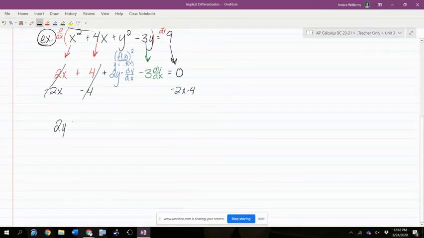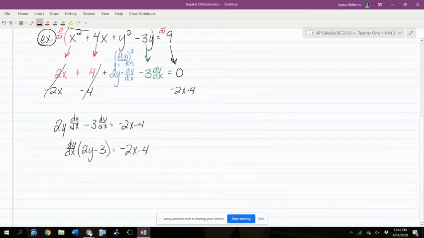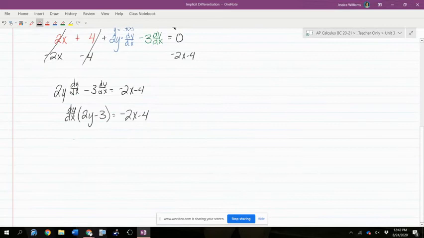Now I have 2y dy dx minus 3 dy dx. And then I'm going to factor out the dy dx from the left-hand side, and then divide this over, and I'm done. So dy dx equals negative 2x minus 4.